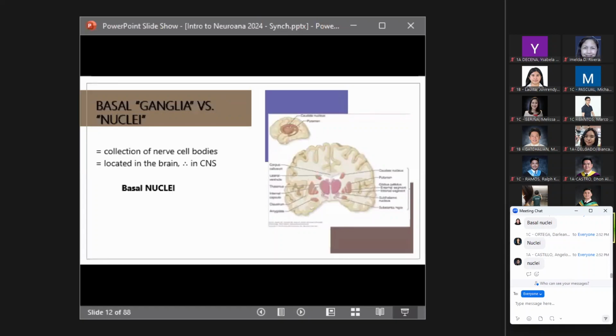The newer textbooks already use basal nuclei, and we will most often use that term during the course. But if you still see basal ganglia, just know that they're referring to the same structure. Just in case you see it in the board exam as well, that's the same thing, because the examiners may use the older terminology.